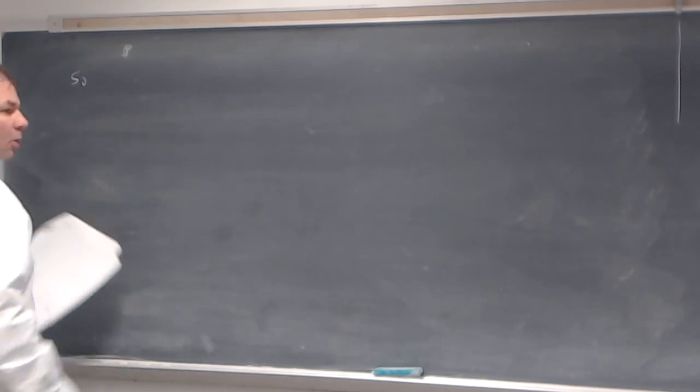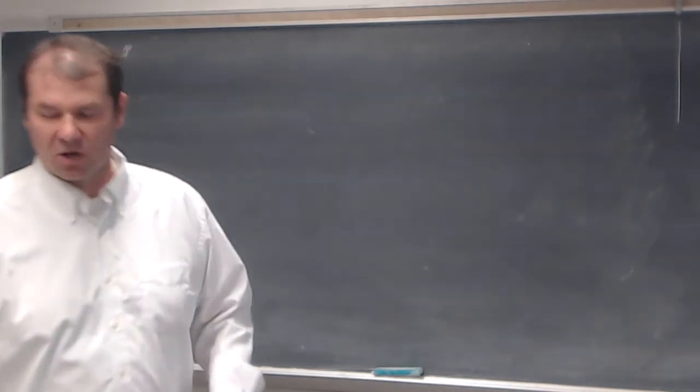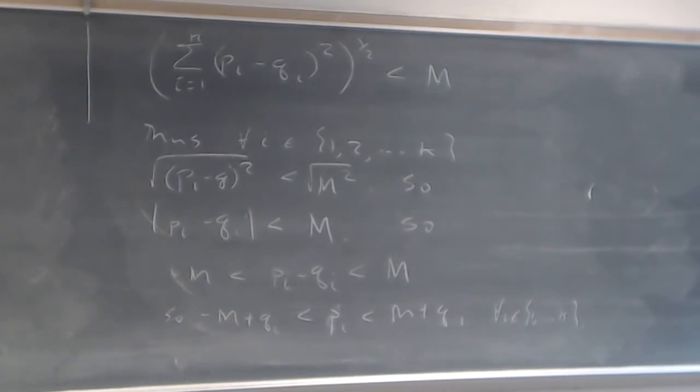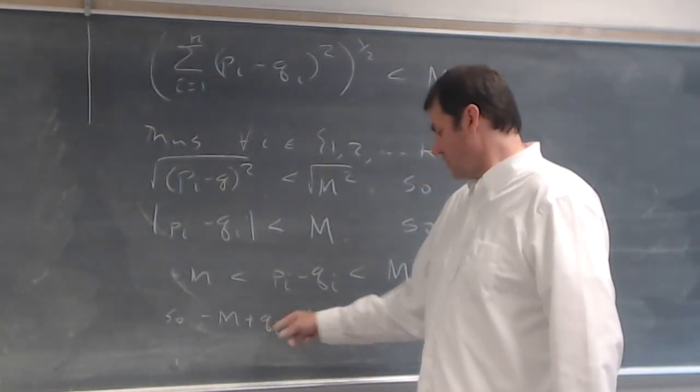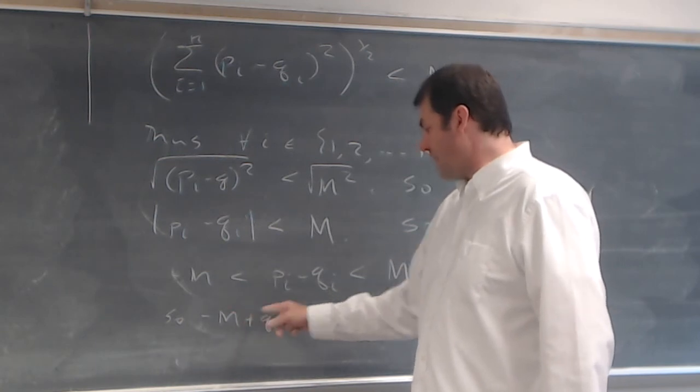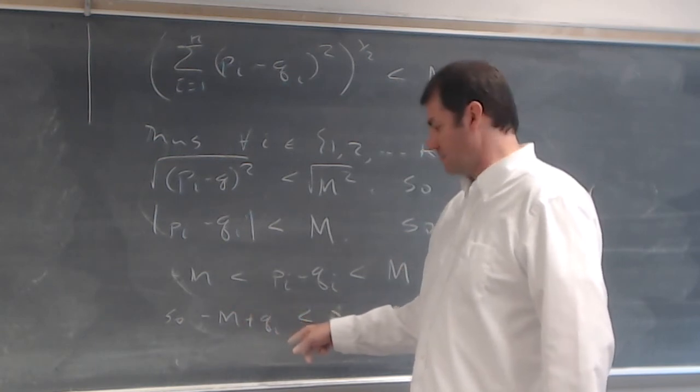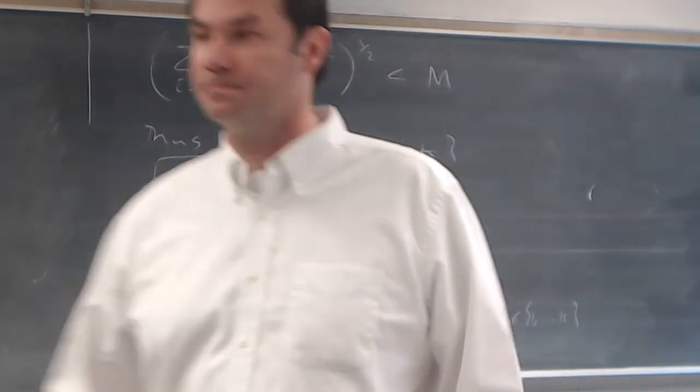So this gives us, okay, well, one thing smaller, I'm sorry, let me back up for a second. One thing smaller than minus m plus q_i, where q_i is a real number, is minus m minus the absolute value of q_i. That's one thing smaller.